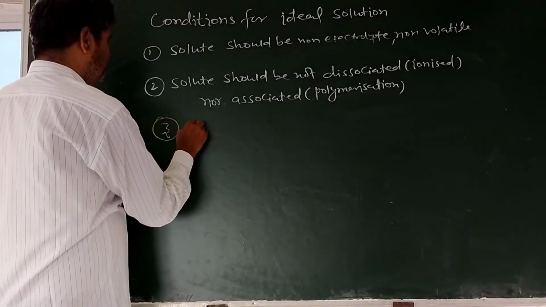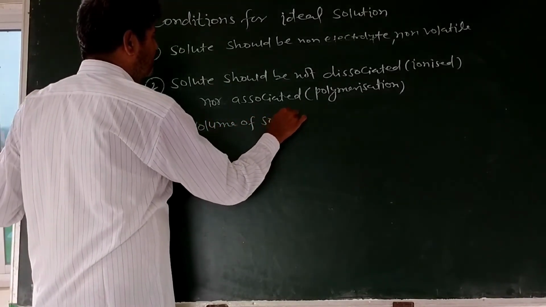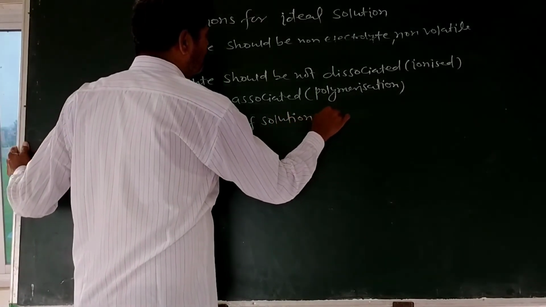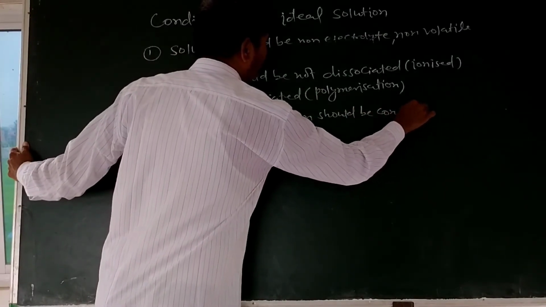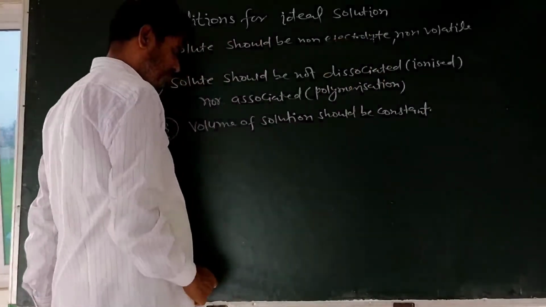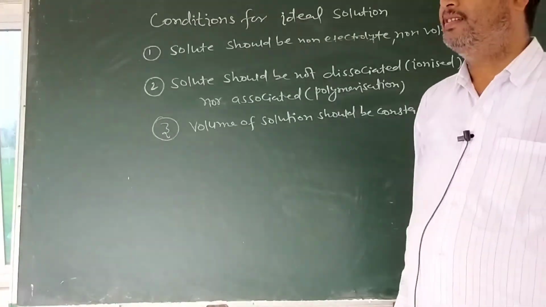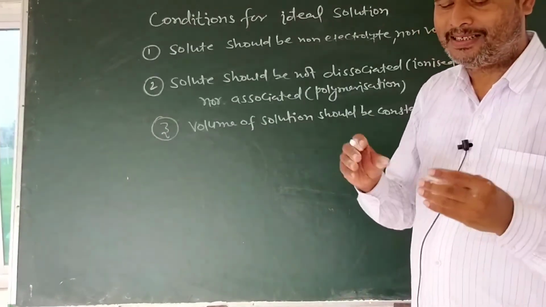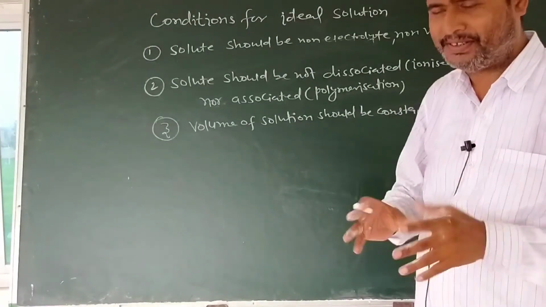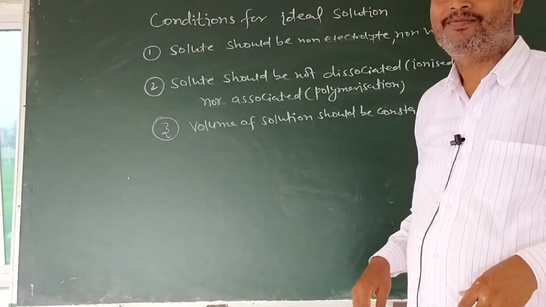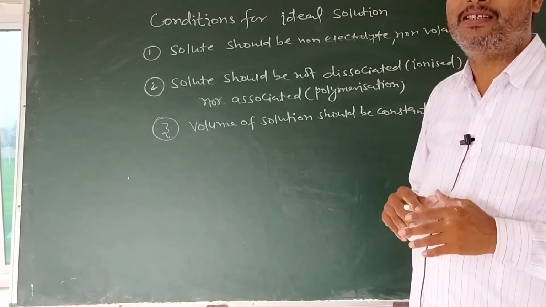Third, the volume of solution should be constant. If 100 milliliter water and 100 milliliter alcohol are mixed with each other, then the volume of the mixture will not be equal to 200 milliliter. Why?